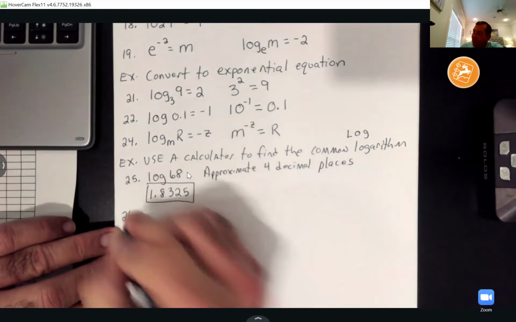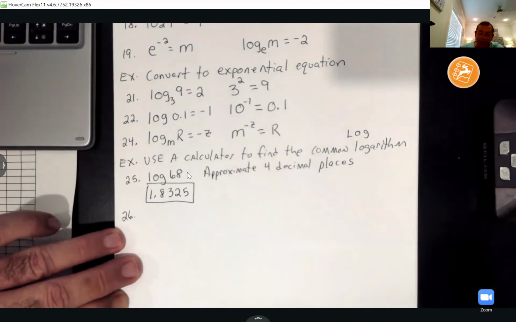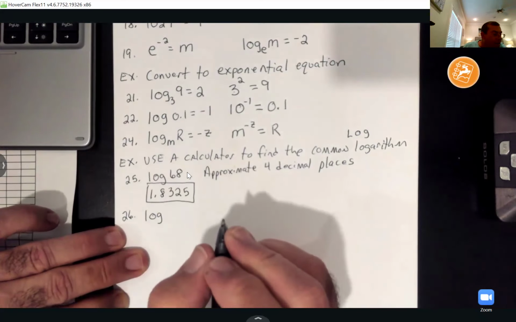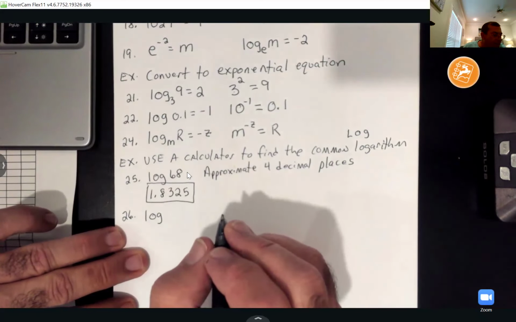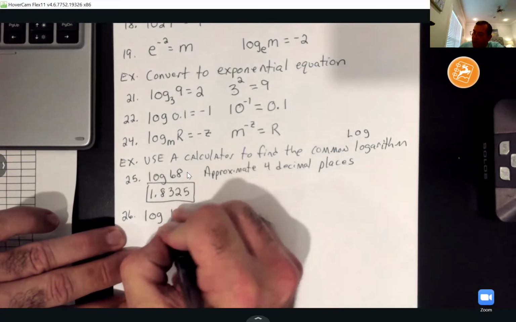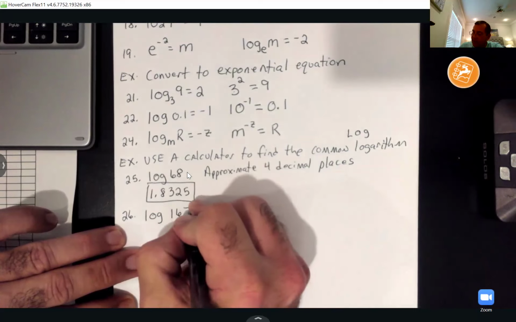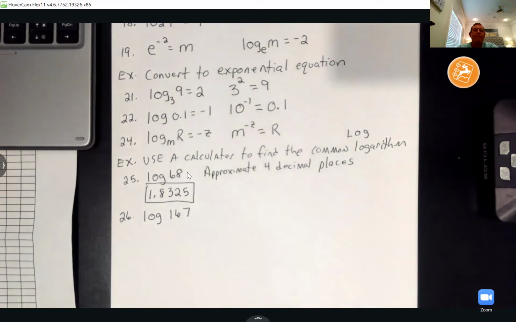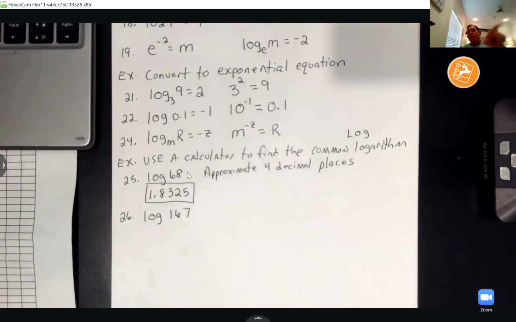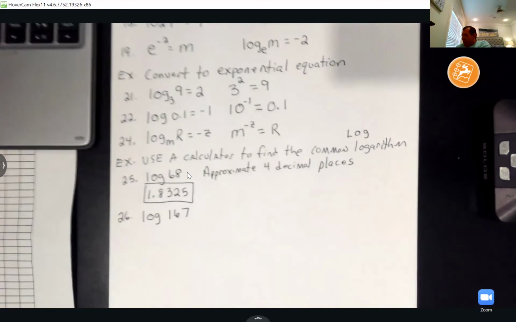So let's see what y'all get from my 26 here. How about the log of 167. So y'all find me that and round me out about 4 decimal places.